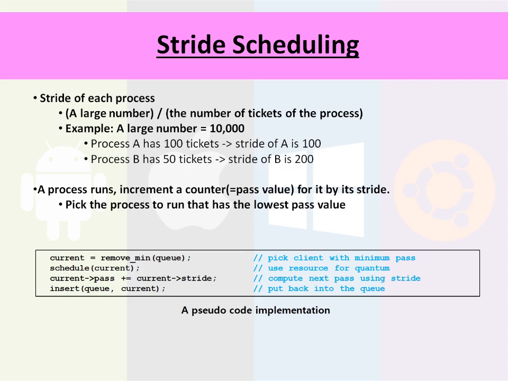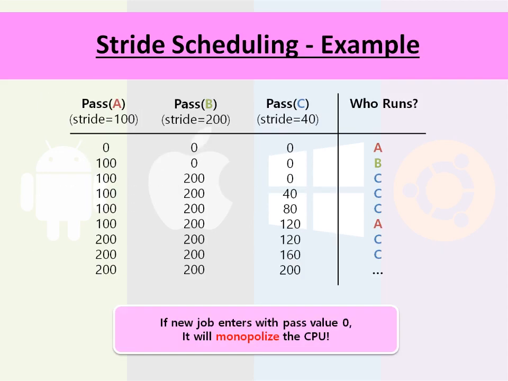Okay, so an example of this, because I think that makes a bit more sense. Initially, we have a setup of process A with stride 100, process B of stride 200, process C of stride 40. These columns represent its pass value. It's that value that gets incremented each time it runs. Initially, they all have value 0 because they haven't been run yet.